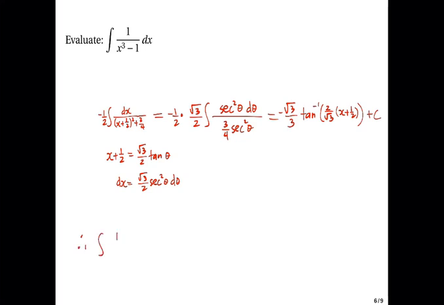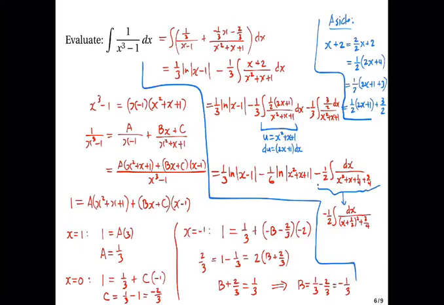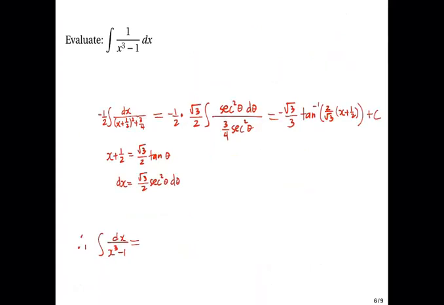Therefore, the integral of 1 over x cubed minus 1 dx is equal to, let us go back to the previous slides, and let me copy this part. We have this guy here. We go to the next page here.